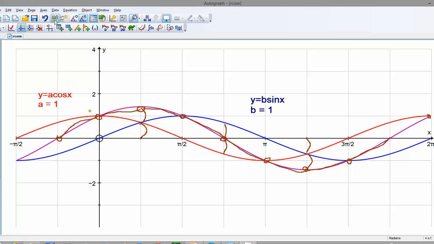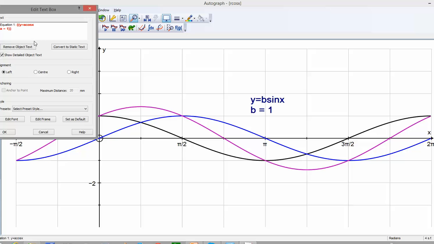So I'm going to take away all those scribbles, and let's just delete those scribbles. So we've now got the purple curve, which would be the sine x plus cos x combined. I'll just label that one again.